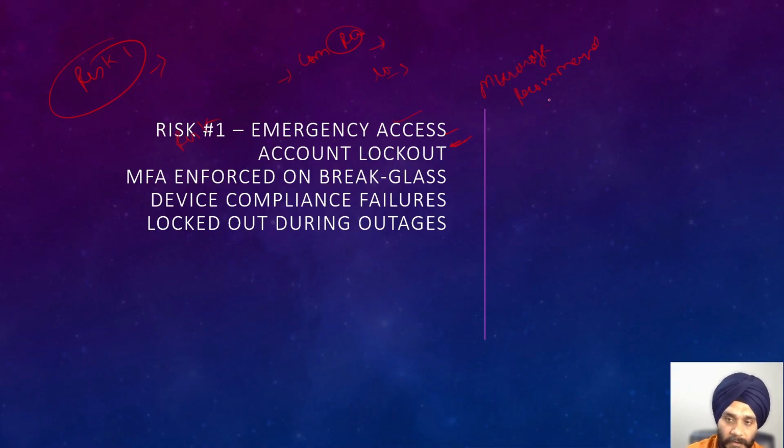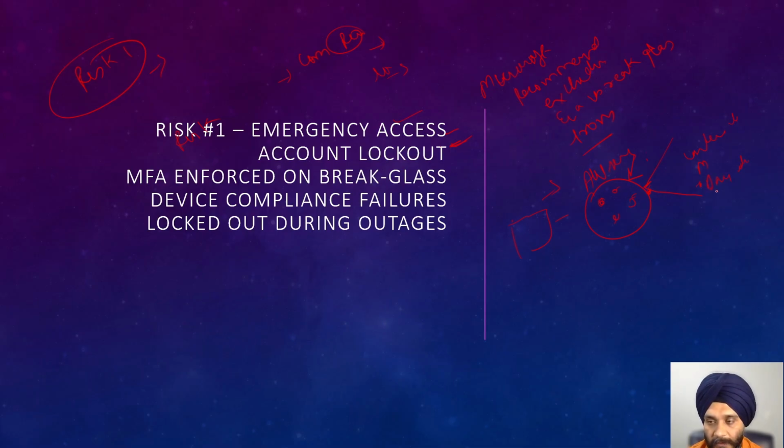Microsoft recommends excluding an emergency access or break glass account from your conditional access policy. What happens is, let's say during an outage, you have selected all users and everybody in this tenant is included. That means no one can log in to this tenant until you call Microsoft, and Microsoft will help you, but that can take days or weeks to resolve the incident and get you access.